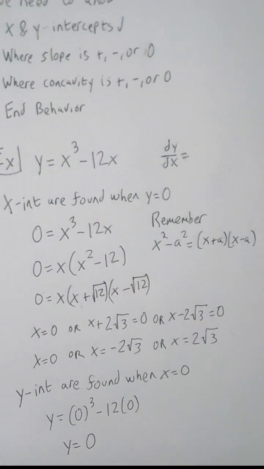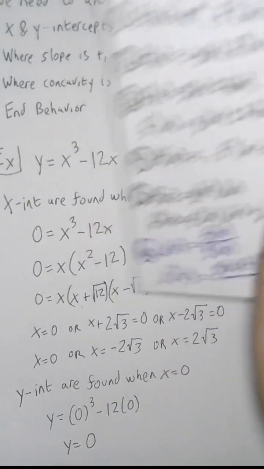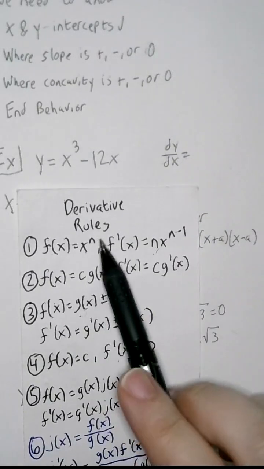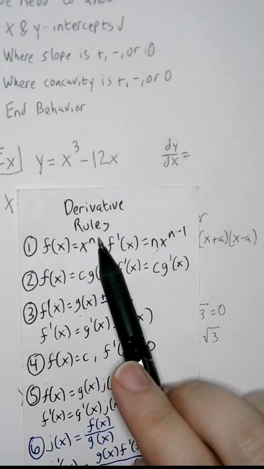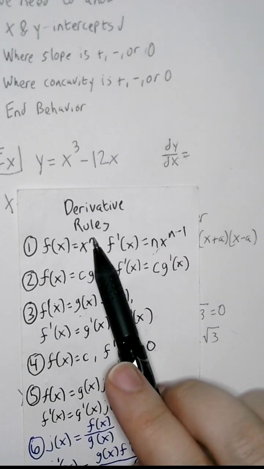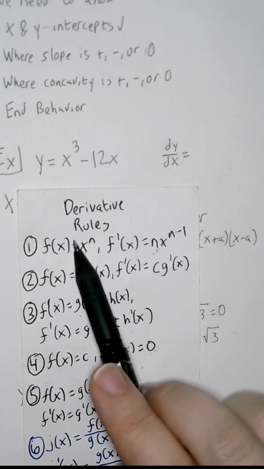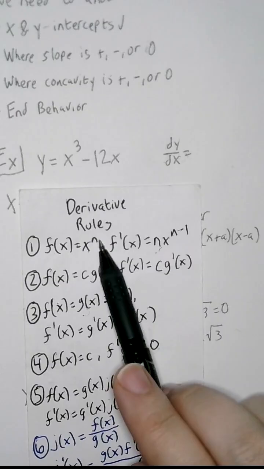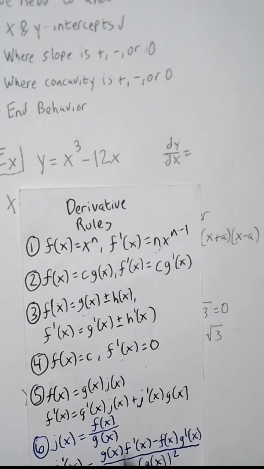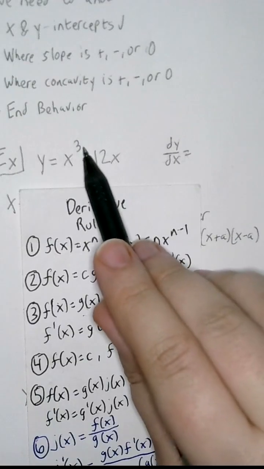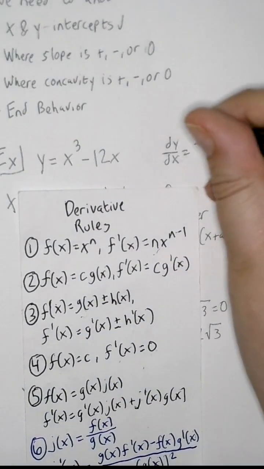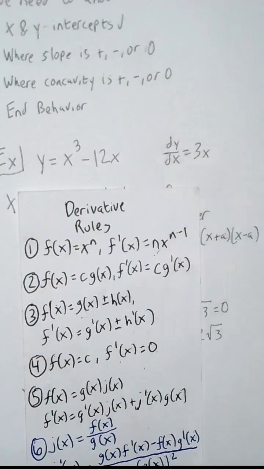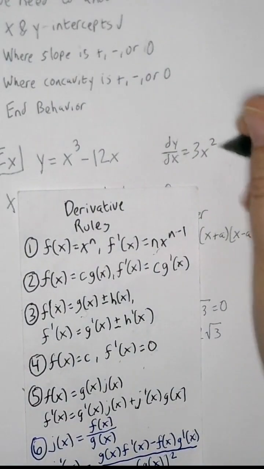And for those of you who are new, how do I find the derivative? What's the power rule? Well, the power rule says if I have x raised to any power, I take that, move it out front, and multiply by whatever coefficient's in front, and then subtract the exponent by 1. So here, I take my 3, move it out front, so that's 3x, and 3 minus 1 is 2, so 2 is my new exponent.